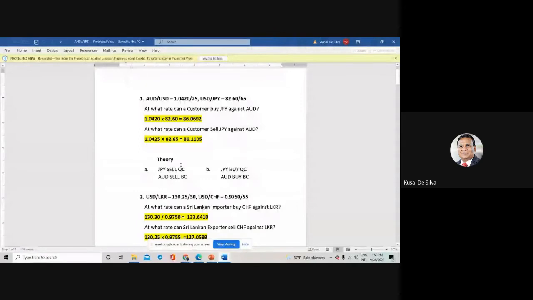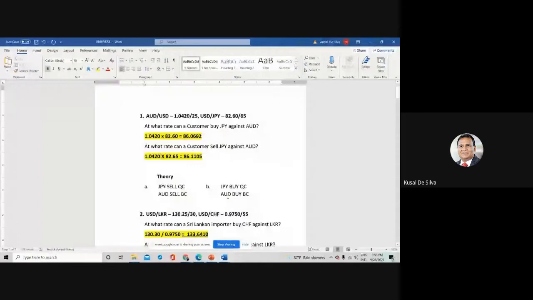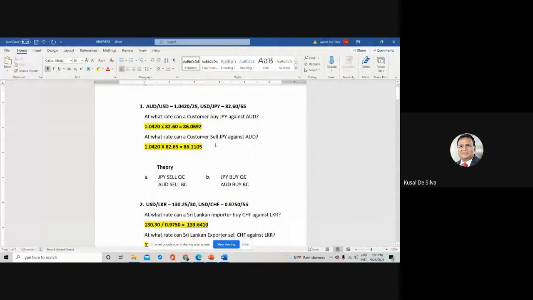This is wrong. Sorry, I will have to make a small correction, and you have to put the calculations right. This figure is correct, AUD being the base currency. Then you have to apply this. The only change is these two, due to the customer buying and selling of JPY. Is it clear?